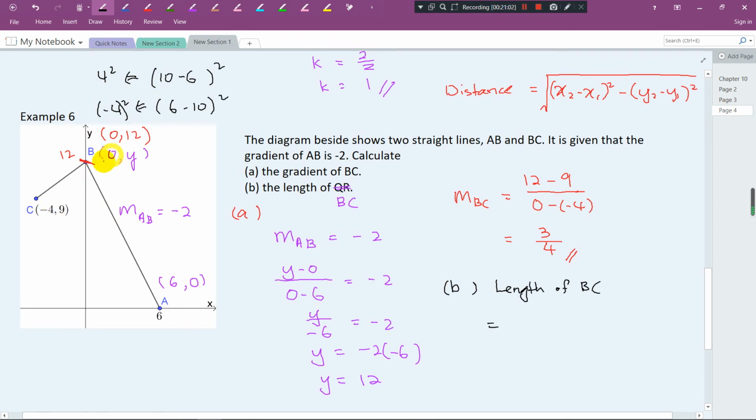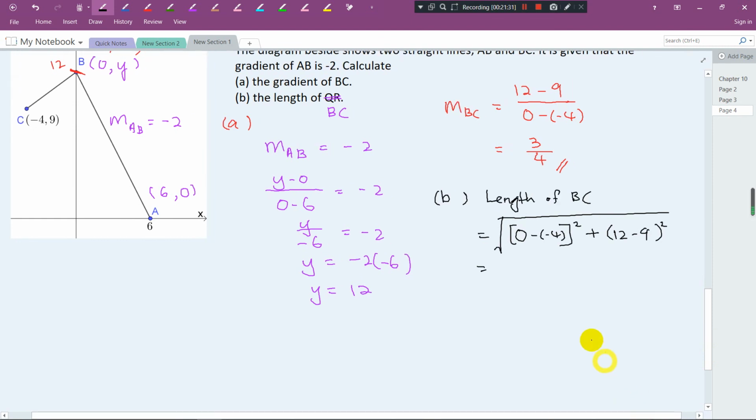Okay, how about take 0 minus negative 4 square plus y minus, oh sorry, not y, we know the y is 12, right? 12 minus 9. Okay, then we square root it. Negative will give you positive.